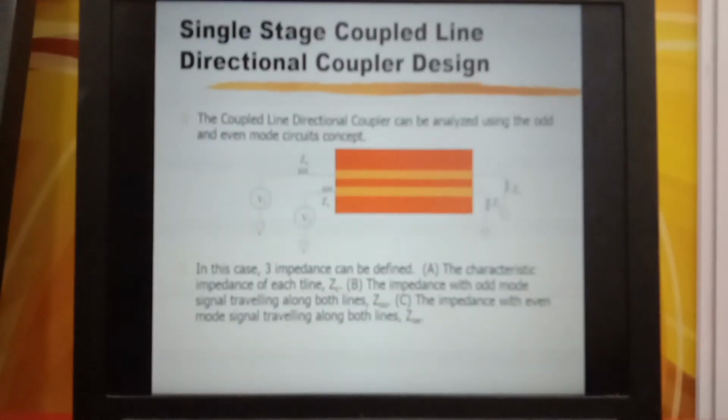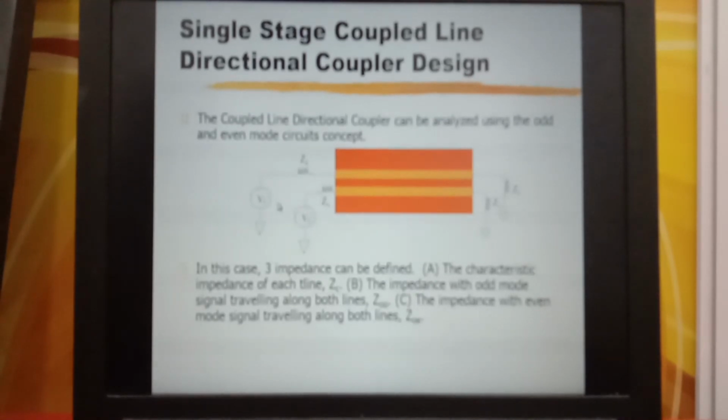So we need to analyze how the signal is coupled from one line to another, and because the parallel transmission line is symmetrical, we can use the even and odd mode analysis that we studied earlier.